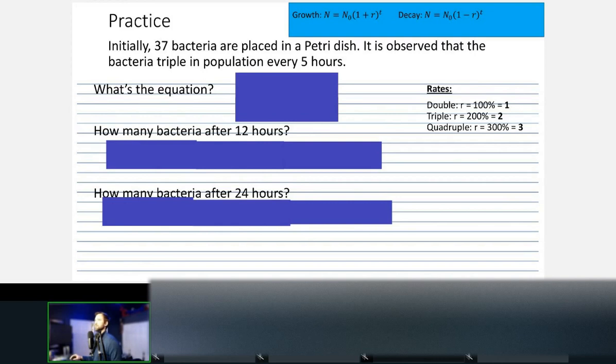All right, let's try this one. Initially, 37 bacteria are placed in a petri dish. It is observed that the bacteria triple in population every 5 hours. So everyone, go ahead and set up this equation. And in chat, go ahead and write down what your equation is.